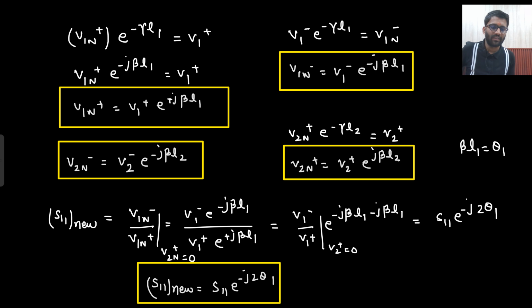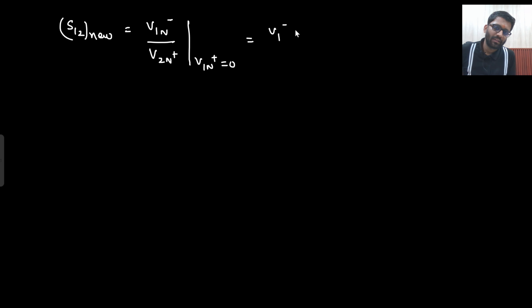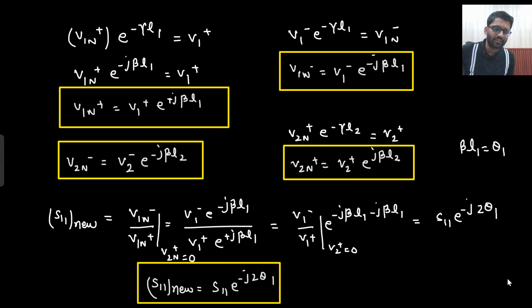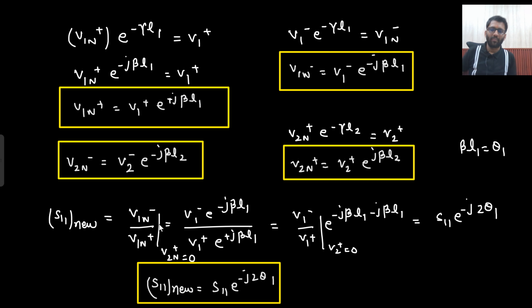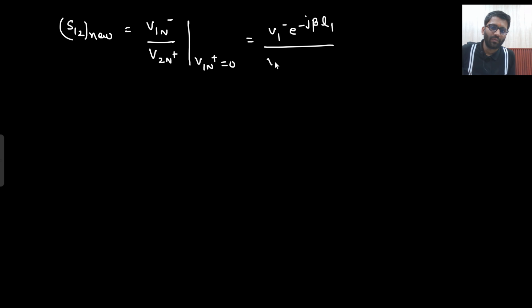V1 n minus, that is V1 minus e to the power minus j beta L1 divided by, what is your V2 n plus? V2 n plus is V2 plus e to the power j beta L2. Okay. So what I can write? V1 minus divided by V2 plus.